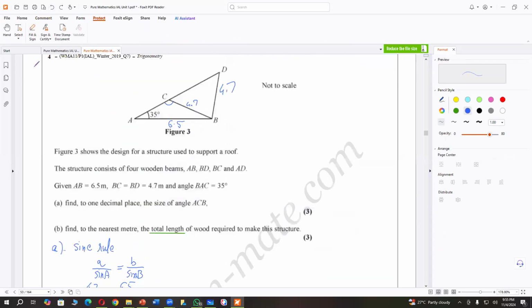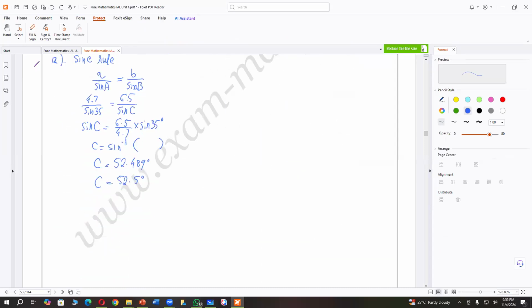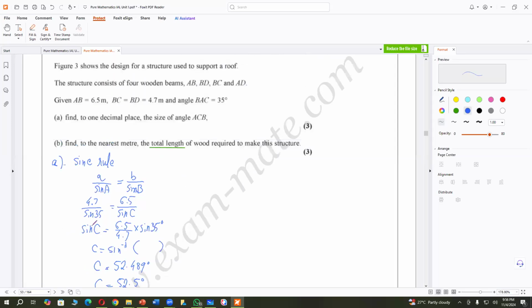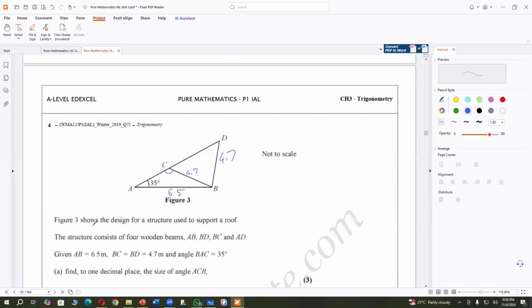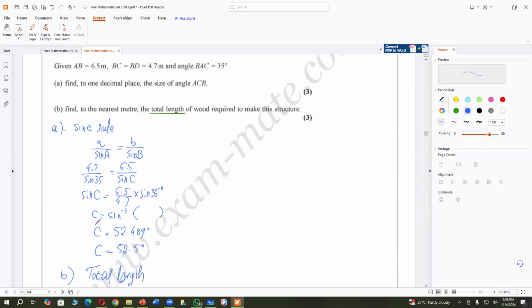Part number B. So can you give me a suggestion, if you read part number B, total length? Total length is equal to, what are the options here? I have to add all of them.